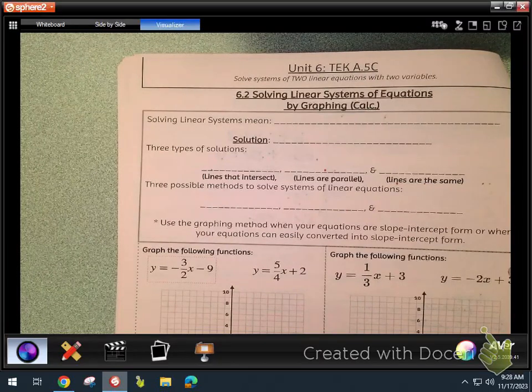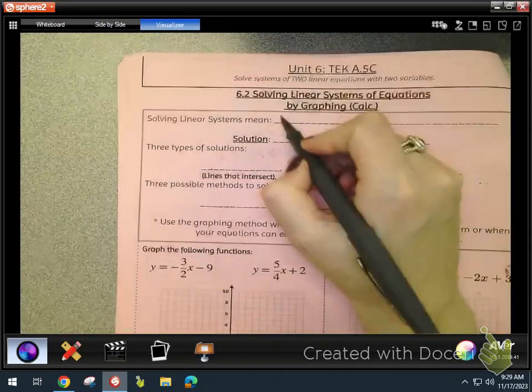But I need you to understand what it means to solve a system and understand what we're looking for, whichever route we take. To solve a system of equations means, big picture, we are finding the point where the lines intersect. So let's fill that in.